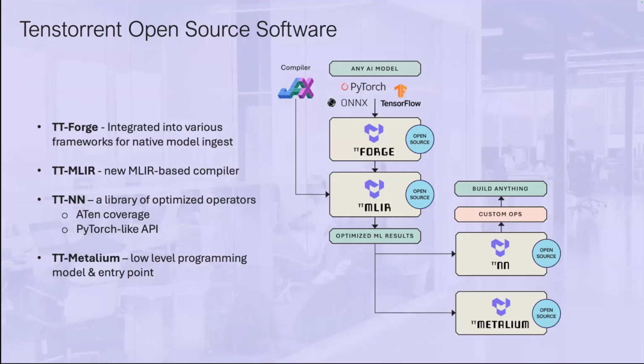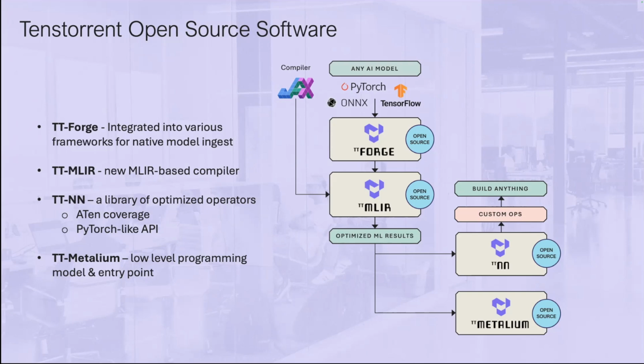But it might seem like a lot, right? That lowest level of abstraction might not be for everyone, right? And we understand that. These last couple years we've been pushing Metalium, but we've come to the understanding that there will be other experts at other levels of abstraction that want to get access to our hardware.